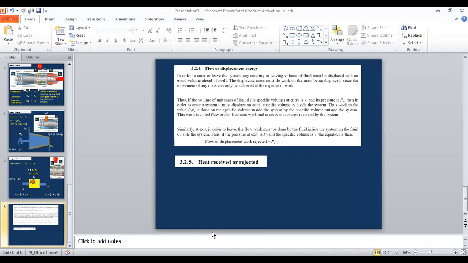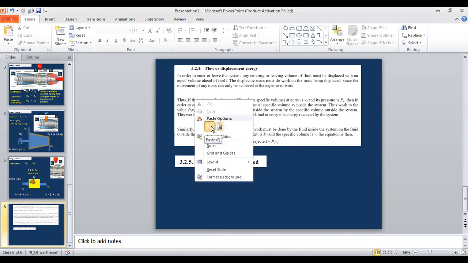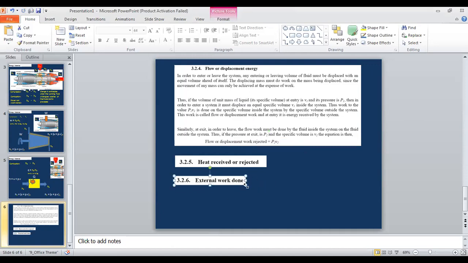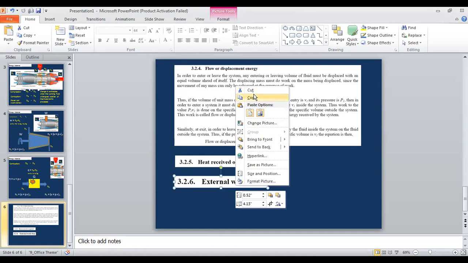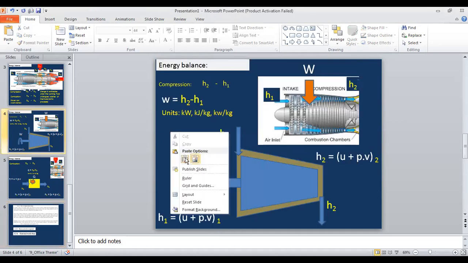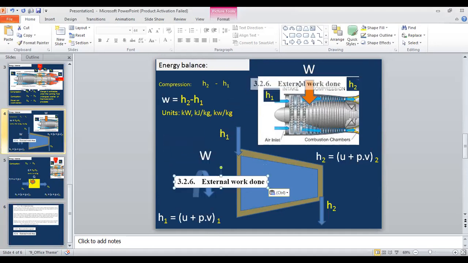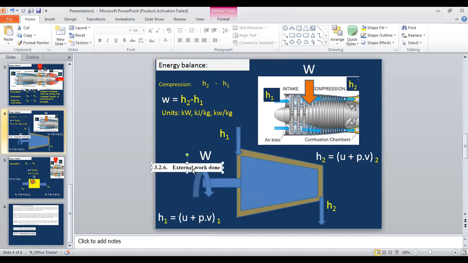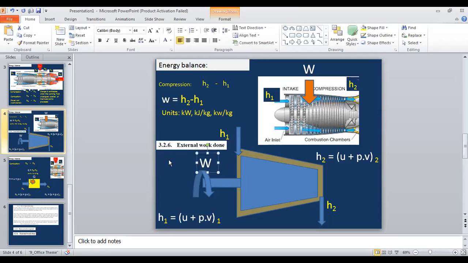External work done. See here, I have a direct relevance unit. External work done, it's W. So you should have a bit of understanding. Whatever I'm sharing here relates to your notes as well.